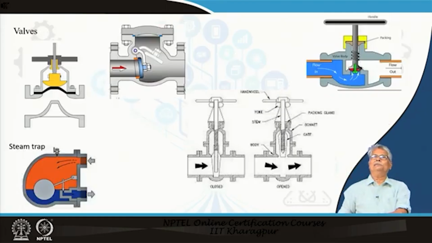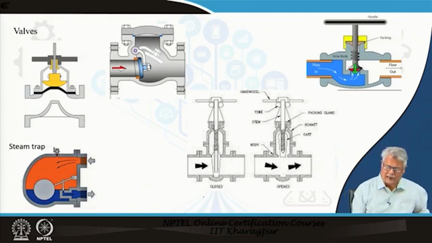We definitely will be having valves. Here we have a few types of valves. The valves can be classified as the valves which regulate a flow, or the valves which either open or remain shut. For example, this is a shut valve, and this is the same valve under open condition. What is this? This one is a gate valve.